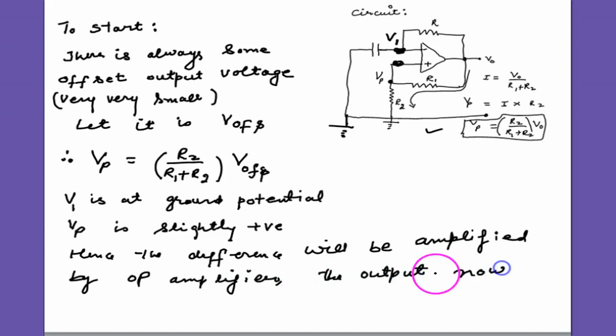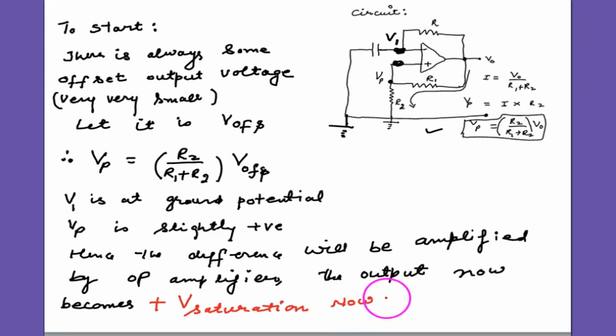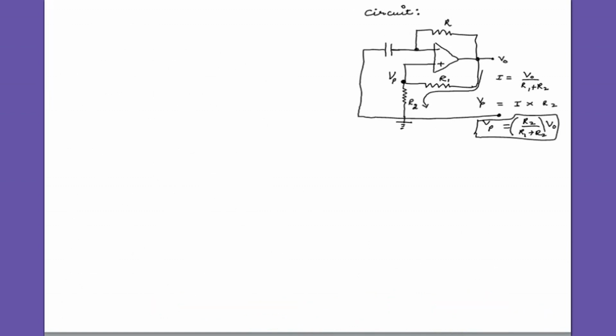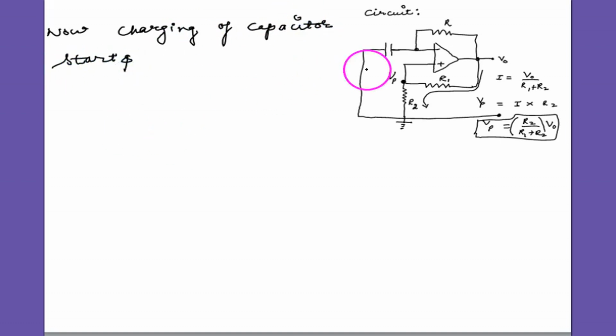When it attains plus V saturation, Vp also increases, but it does not increase V naught, because the maximum value of V naught is V saturation. The output cannot increase further, and remains at plus V saturation. Now charging of the capacitor starts.